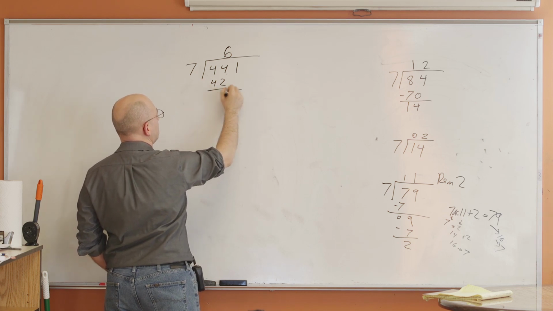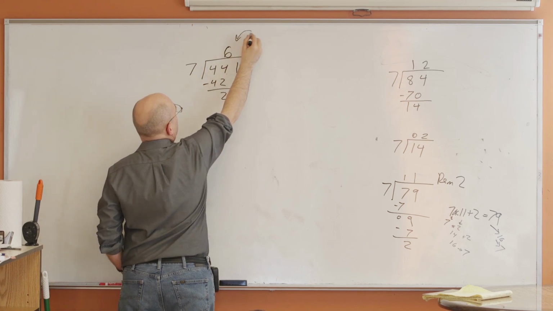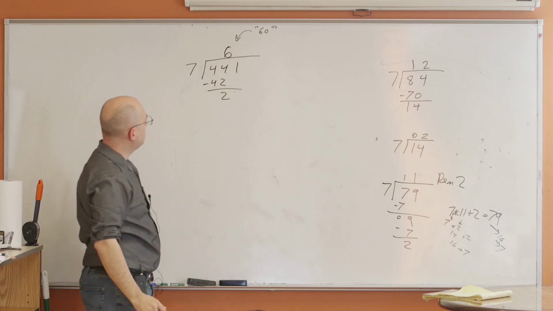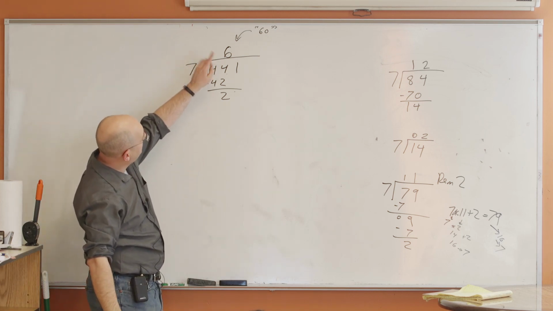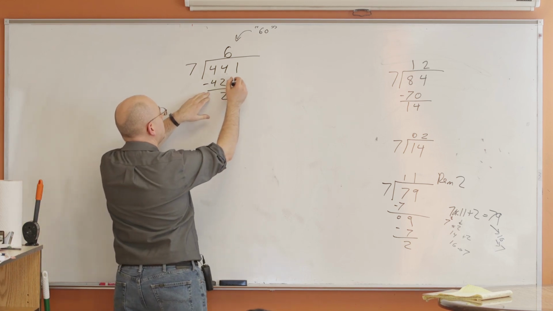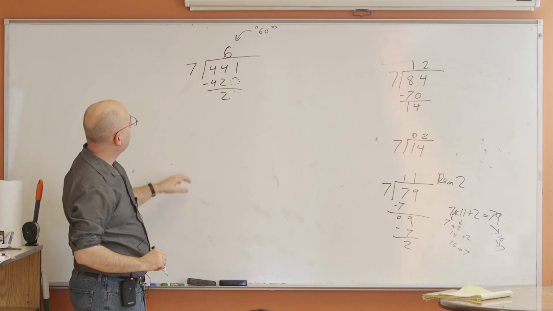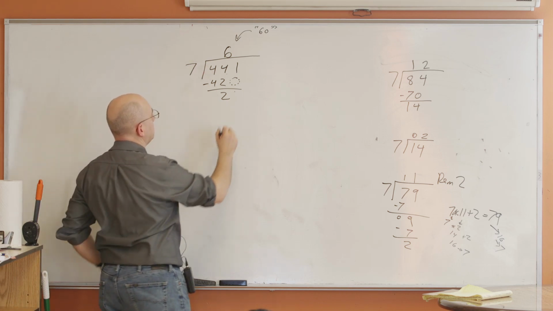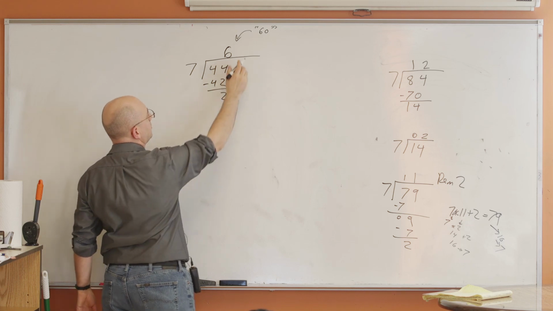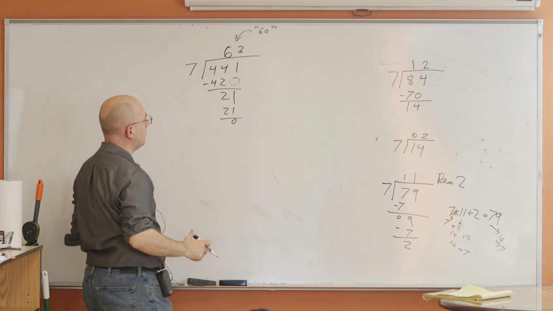And you get, so you subtract this. And remember, you can think of that 6 sitting there. It's above the tens place, so you think of it as 60. 60 times 7 is 420. So you can kind of think of a 0 going there. And then you subtract the 2. You get 21 left over. 7 goes into 21 3 times. And you're good.